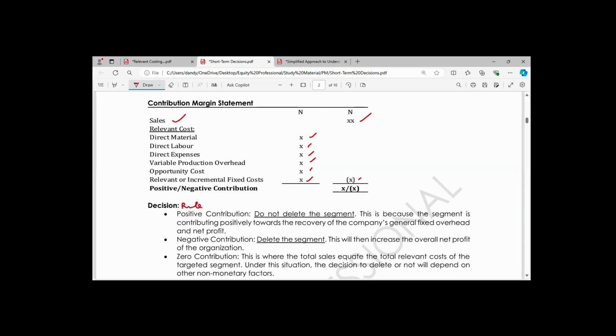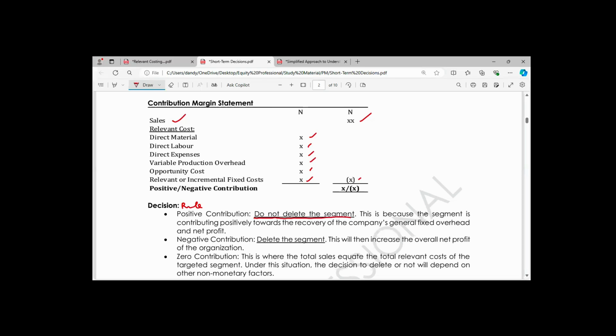the first decision rule is that if your economic analysis gives a positive contribution, your advice should be that they should not delete the segments, because the segment is contributing positively towards the recovery of the company's general fixed overhead and net profits.